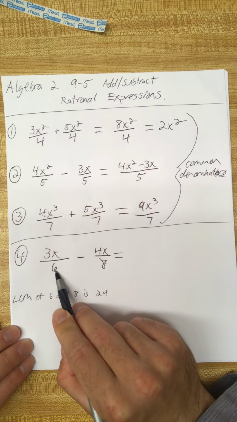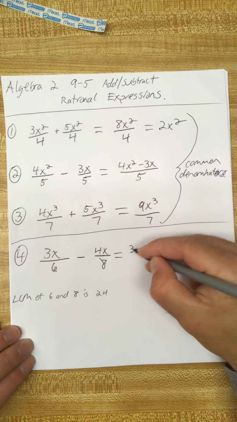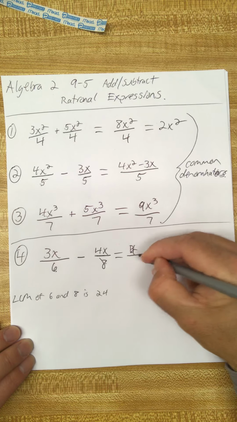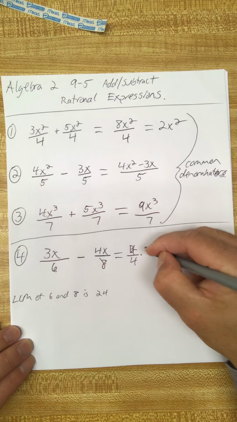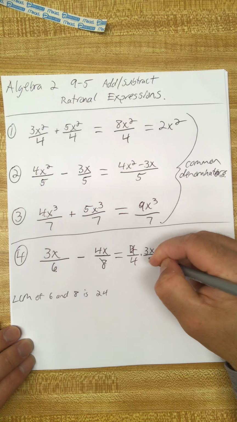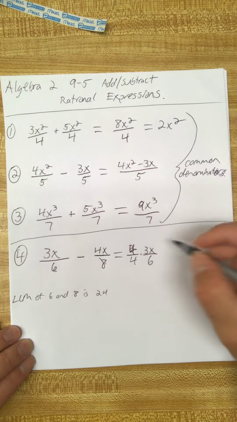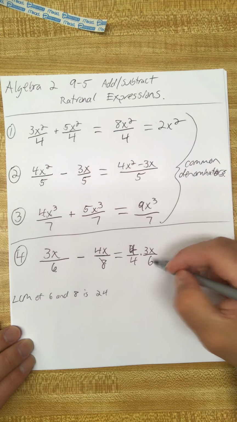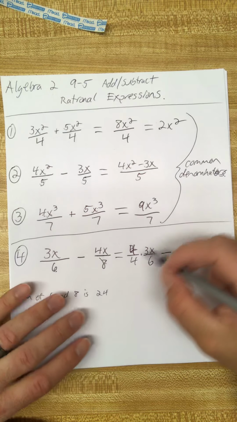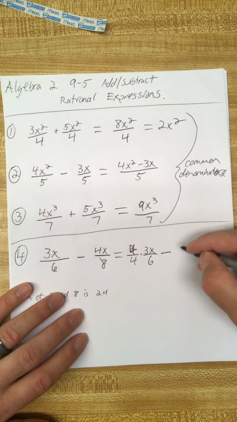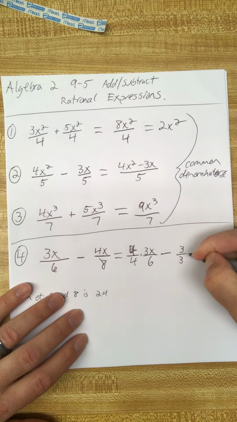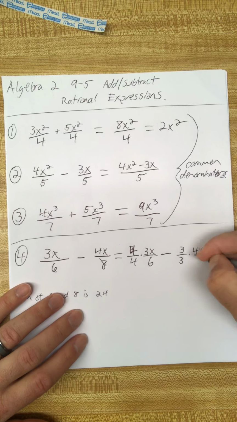So that means I got to multiply 6 by 4. So I'm going to multiply my first fraction by 4 over 4. Sorry about that. Again, to make that 24. Minus, I got to multiply my second fraction by 3 over 3 times the 4x.